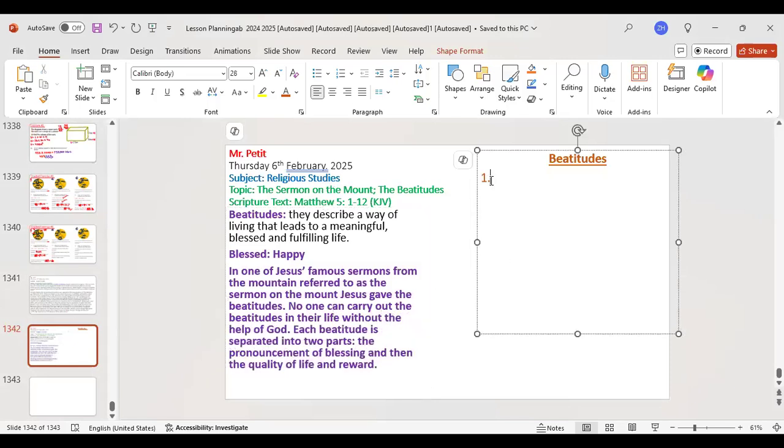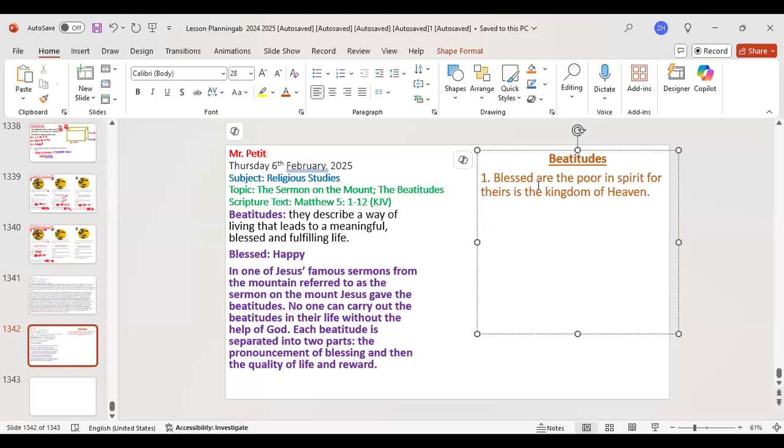Thank you, Sasha. All right, so the first Beatitude is number one, blessed are the what? Poor in spirit. For what? For theirs is the kingdom of heaven.